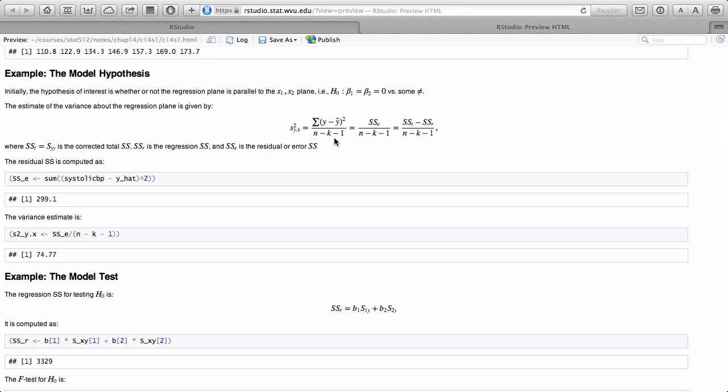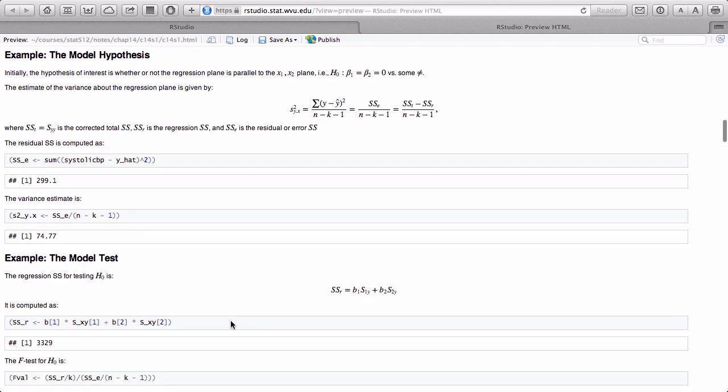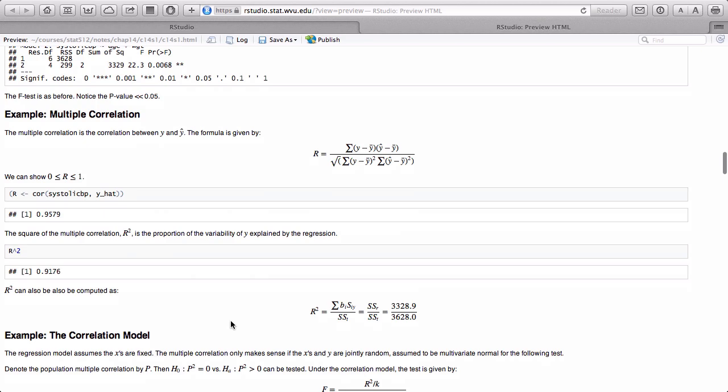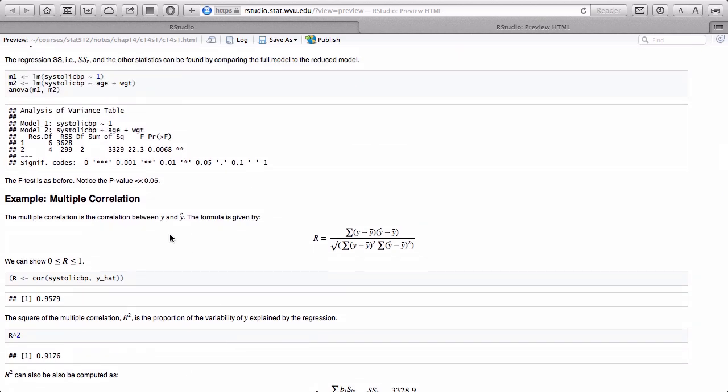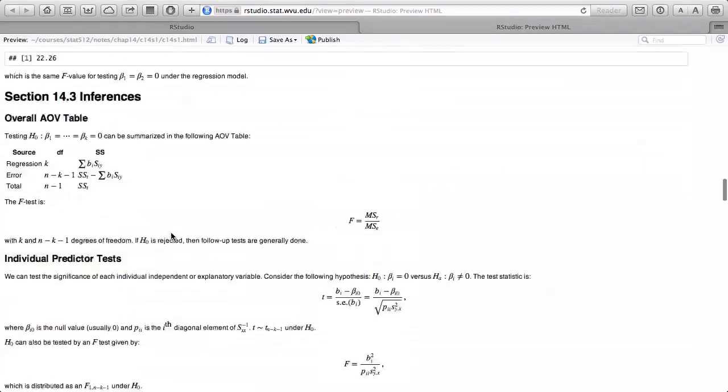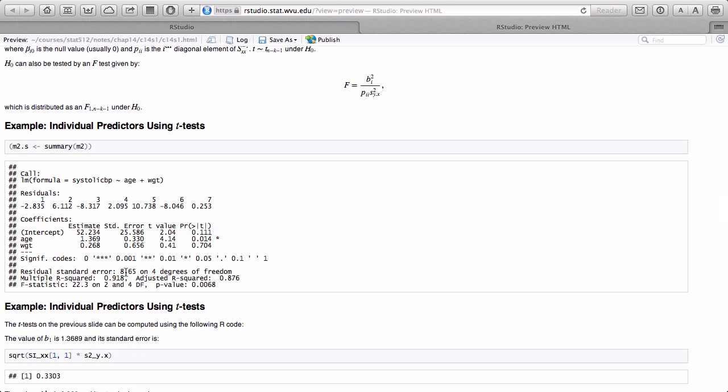And so that actually turns out to be 74.77 when I compute this. And that corresponds down here in the analysis of variance table, except that's the square root of it. That's like a standard deviation.